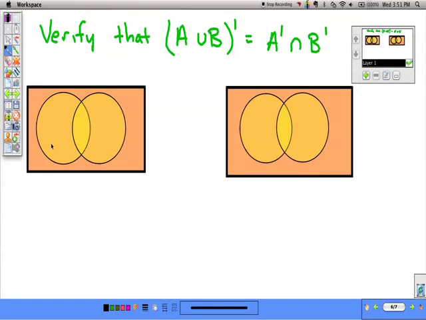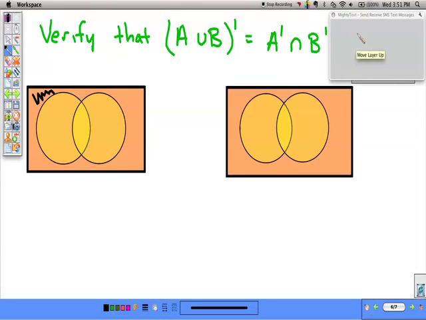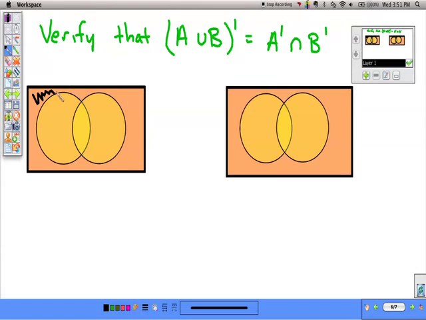Now we're going to verify that the complement of A union B is equal to the intersection of the complements of A and B separately. So A union B is everything in A and B. The complement of that would be everything that is not in these sets.